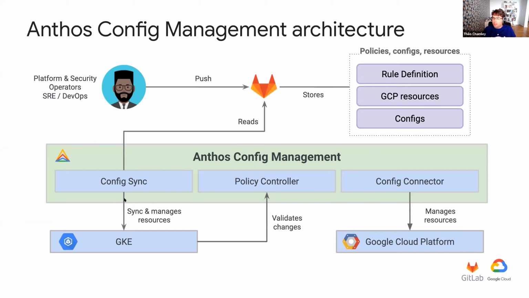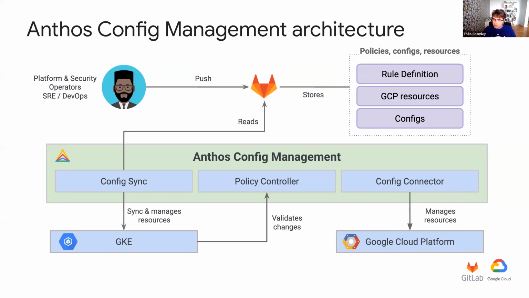It's available for free. You just go on the Google Cloud website and search for config sync. That's going to be the part that reads configurations from Git and applies them to your Kubernetes clusters. That Git repository, in your case, will be GitLab, and that's going to give you a taste of what it does.